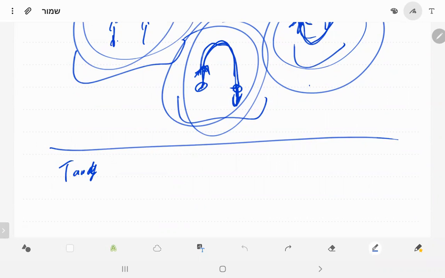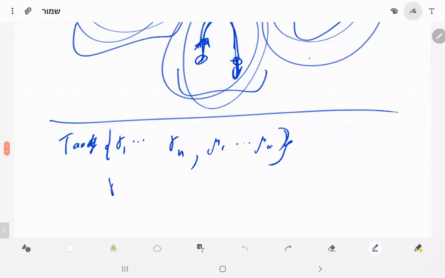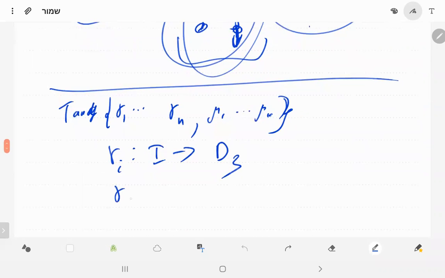It is a collection of gamma 1 through gamma n, and mu 1 through mu k, such that gamma i is a map from the interval to T3, a three-dimensional disk, and mu i is a map from S1 to the three-dimensional disk.